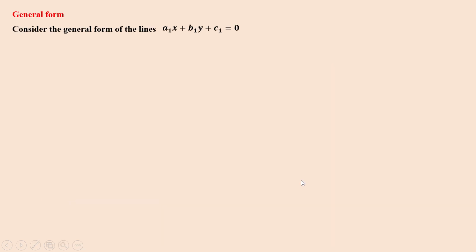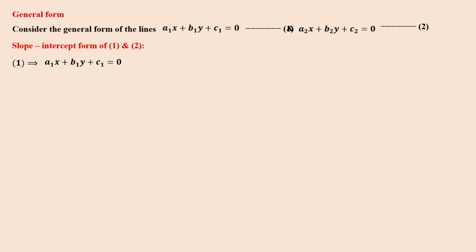General form. Consider the general form of the lines a1x plus b1y plus c1 equal to 0, that is equation number 1, and the second equation a2x plus b2y plus c2 equal to 0, second equation. Slope intercept form of 1 and 2. So we are writing it in the slope intercept form. 1 implies a1x plus b1y plus c1 equal to 0 implies, in slope intercept form, y equal to minus a1 by b1 x minus c1 by b1.